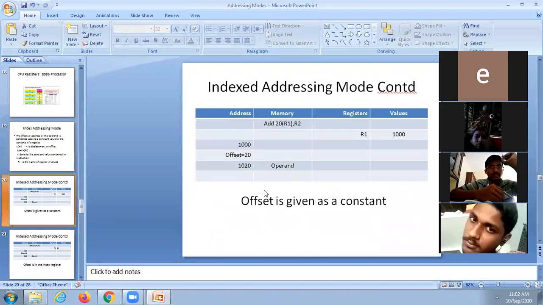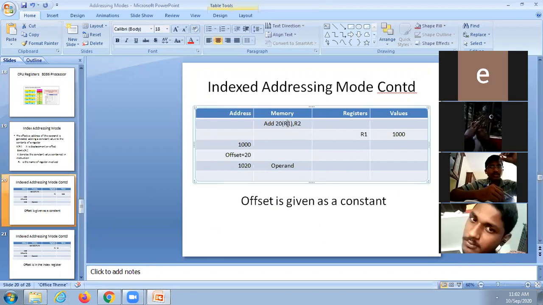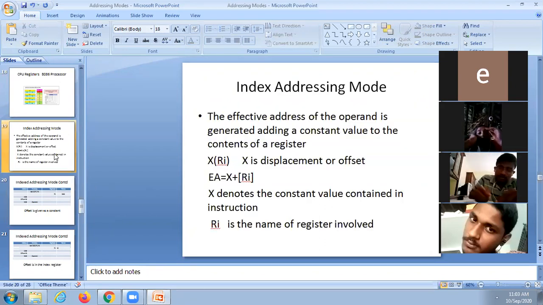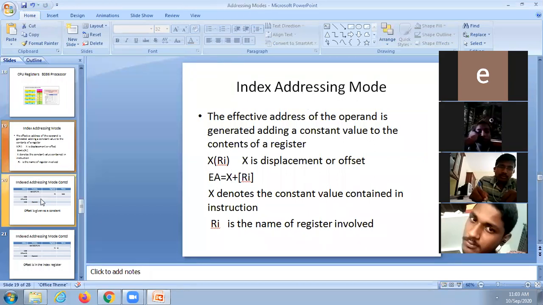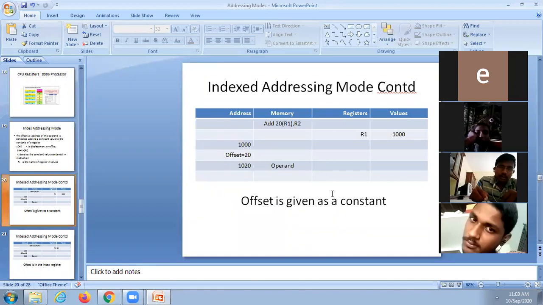So what does R1 contain? R1 contains 1000. That means you have to add X and whatever address is in Ri, that is 1000. 1000 plus 20 is how much?